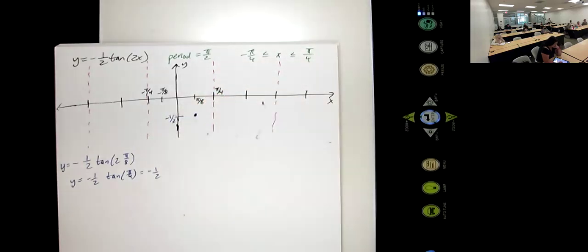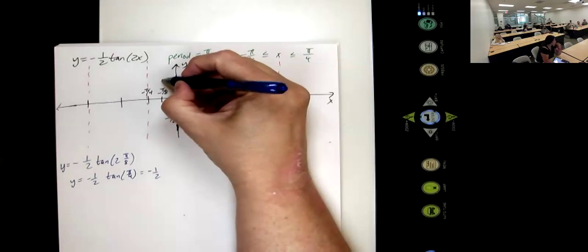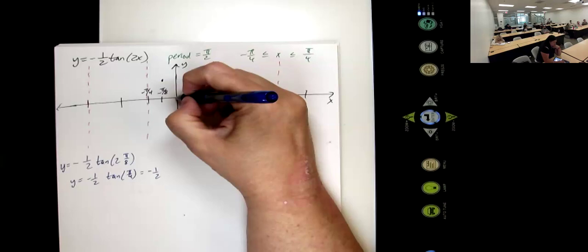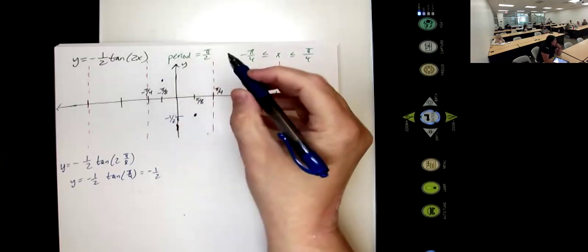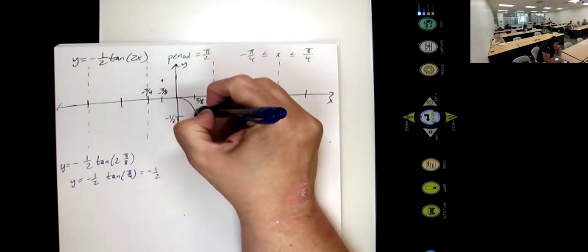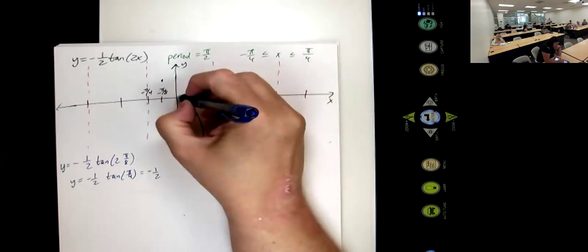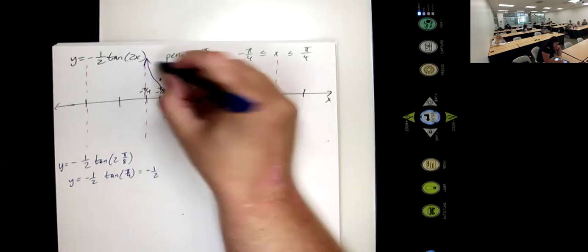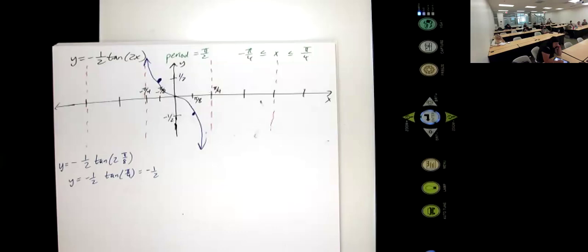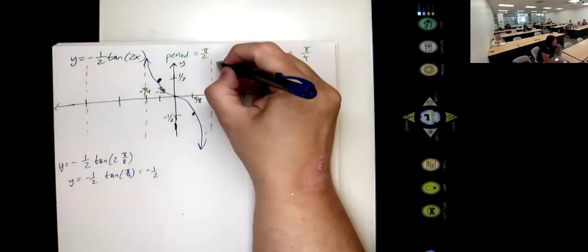So the negative, let's flip the graph over. I did the same thing with sine and cosine. It kind of looks like it's doing sideways. It should look something similar to that. If I could do that a little bit better. We'll say I hit it. So that's what we should be having.